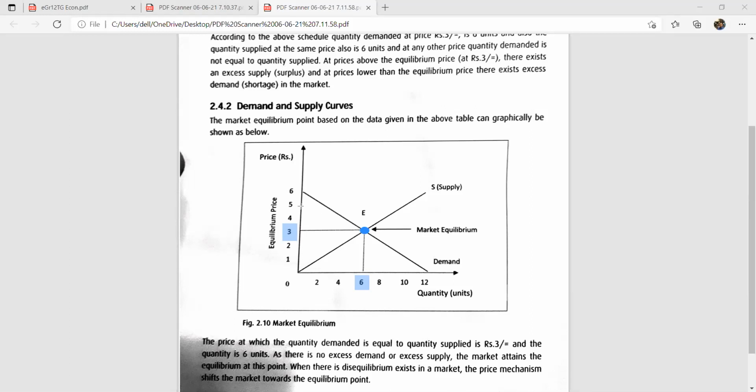Just imagine the price is somewhere at 5. If the price is 5, 2 is demanded, 10 is supplied.